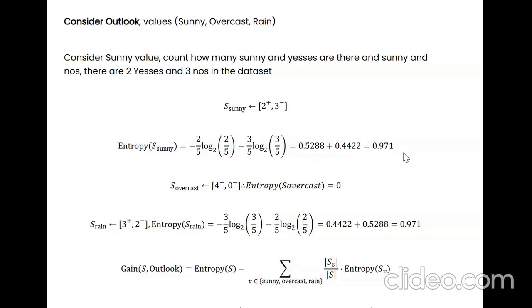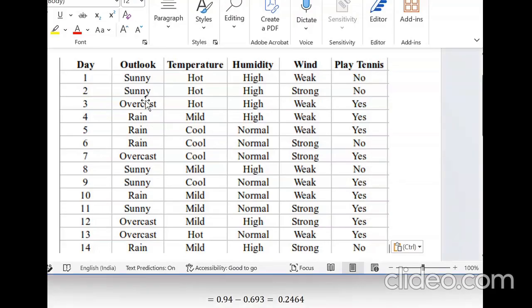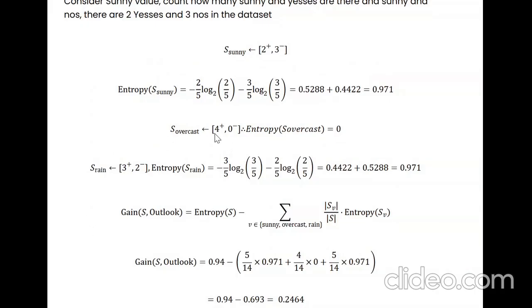Now let us move on to overcast. Overcast and yes, overcast and yes, overcast and yes, overcast and yes. So they are all yeses, which means 4 positive, 0 negative. Therefore, entropy of S overcast is 0 because there is no uncertainty. Whenever it is overcast, you'll go out and play tennis, as we got all 4 yeses. So entropy is 0 for S overcast.